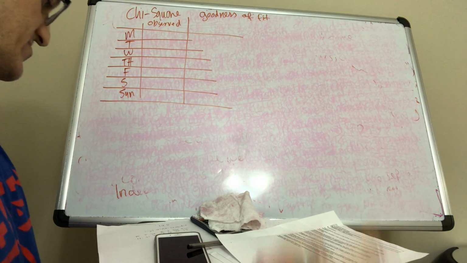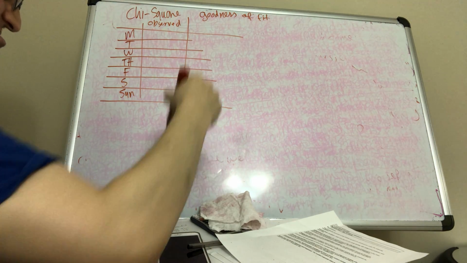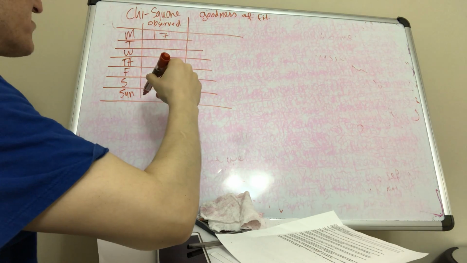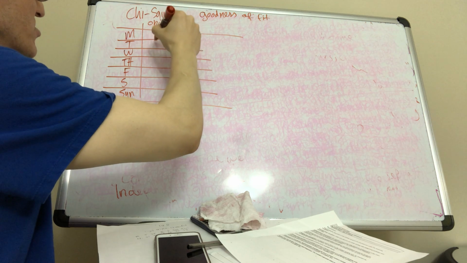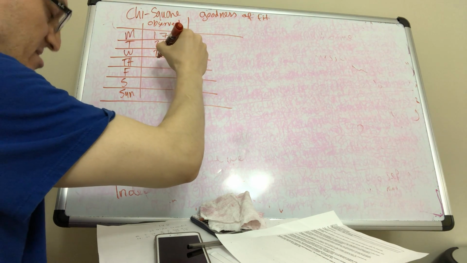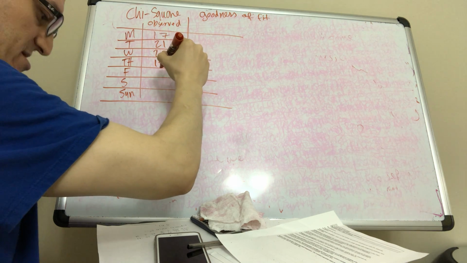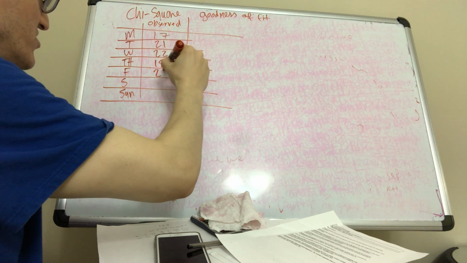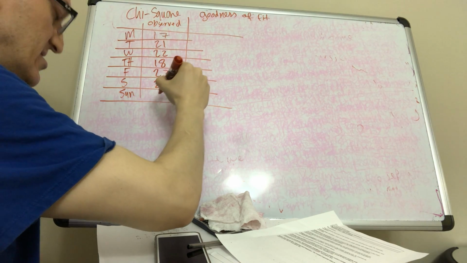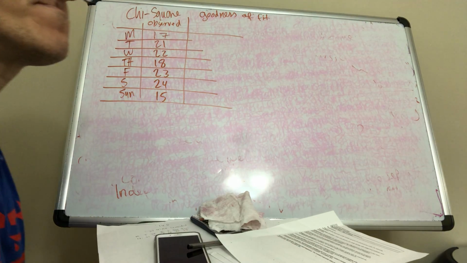So they observed that 17 of those 140 crimes were done on Monday, 21 on Tuesday, 22 on Wednesday, 18 of them on Thursday, 23 on Friday, 24 on Saturday, and 15 on Sunday.